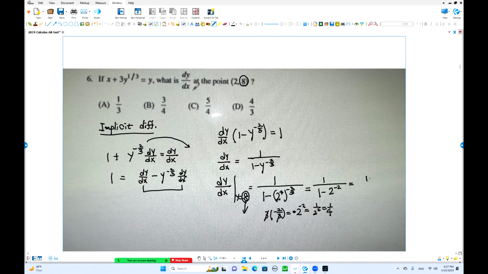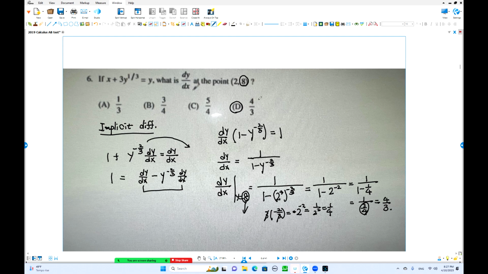So finally simplify this: 1 over 1 minus 1/4. 1 minus 1/4 is 3/4, and take the reciprocal, flip the number: 4 over 3. That is dy/dx, 4 over 3. That is the choice.